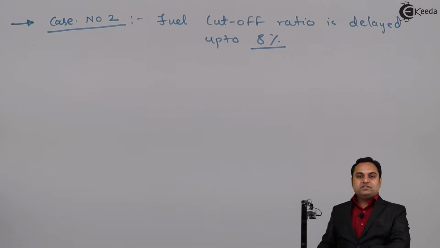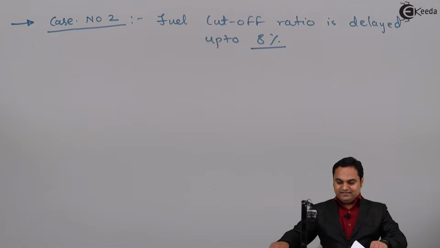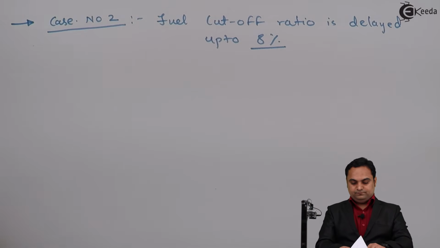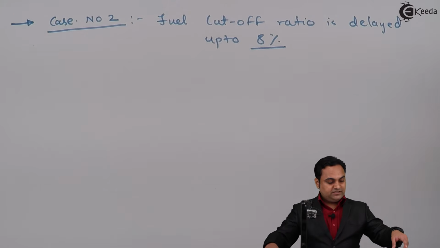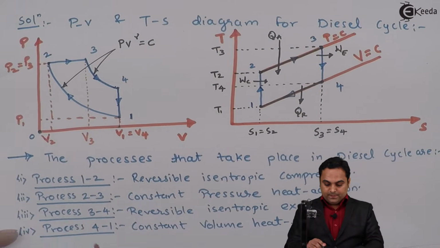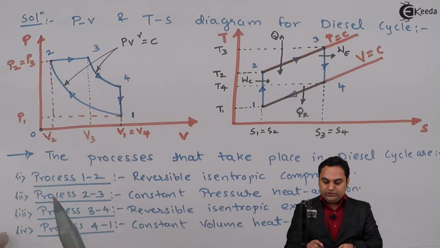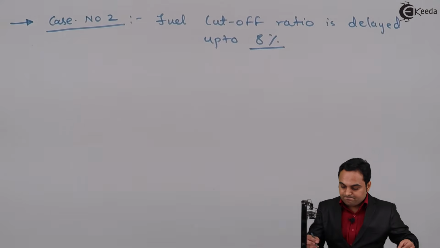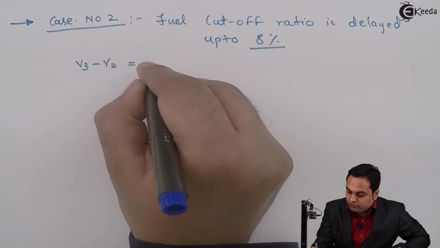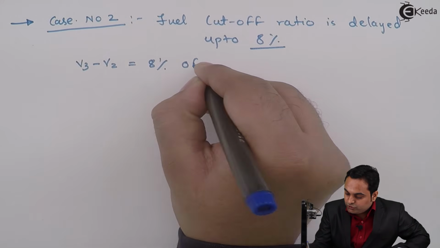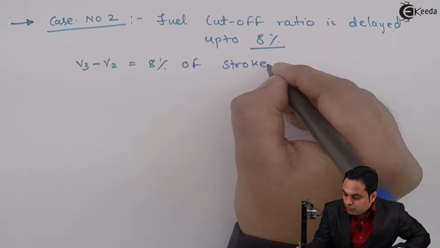Now for this case also, previously, as we have solved for case number 1, I'll solve it for case number 2 as well. That is, the fuel cutoff takes place between V3 and V2. So V3 minus V2 will be on one side, is equal to, this fuel cutoff is at 8% of stroke volume.